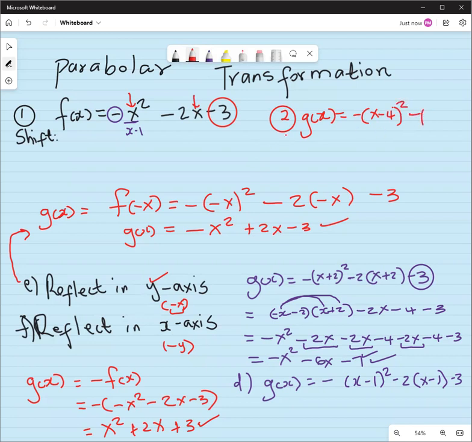Before you do all those reflections that I've done, I'm advising you to always FOIL it first. By FOIL, I mean do the multiplication and write it in the form ax squared plus bx plus c, because it's easier to do the transformation if it's in this form.